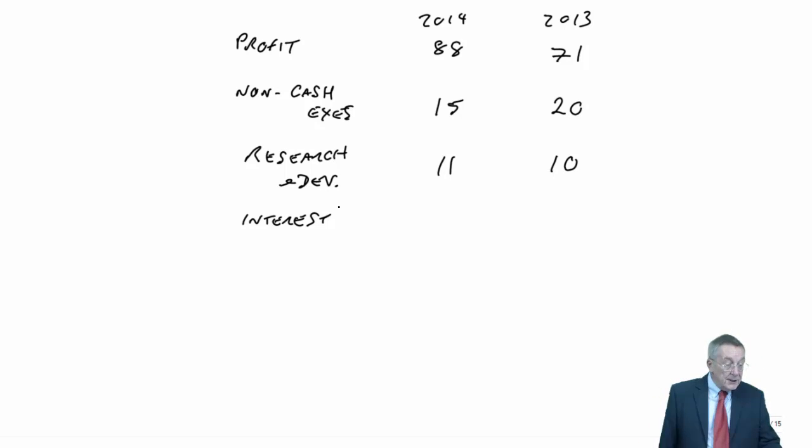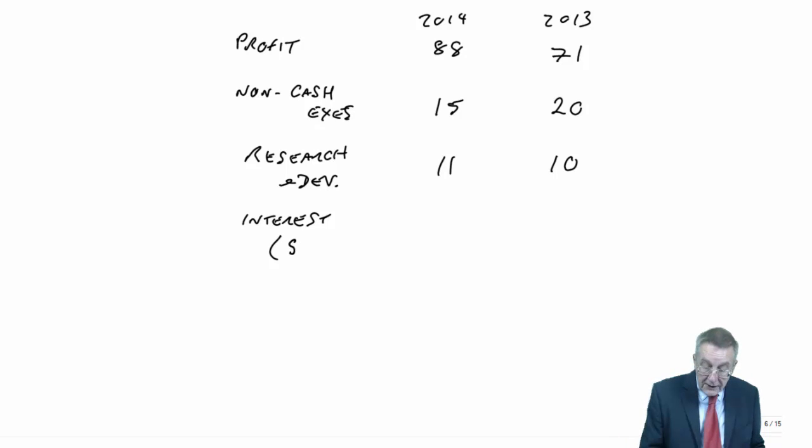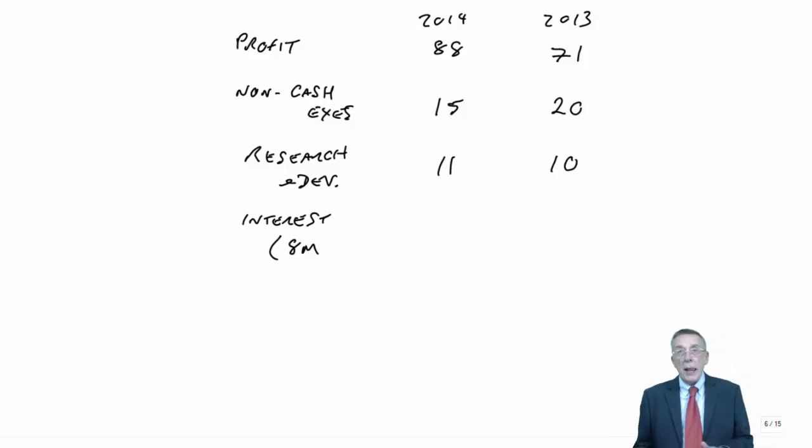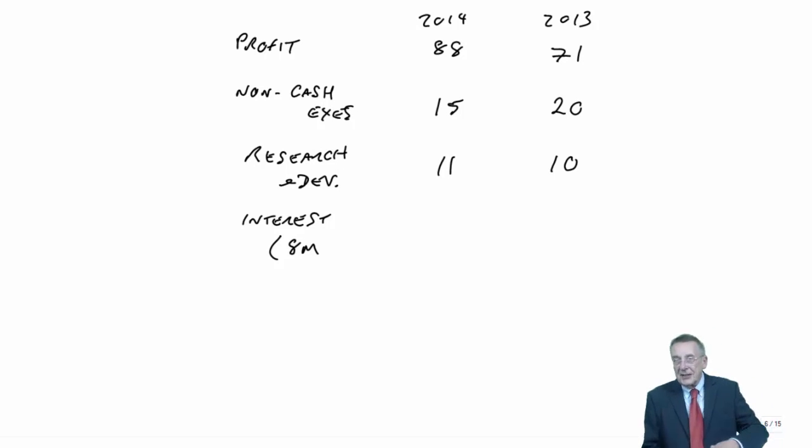Yes, note 8. If I do 2014 first, the interest was 8 million. Now that will have been charged in arriving at the profit. We want to get the profit before any interest. So the profit would therefore be 8 higher. But if the profit were higher, there'd have been more tax payable.